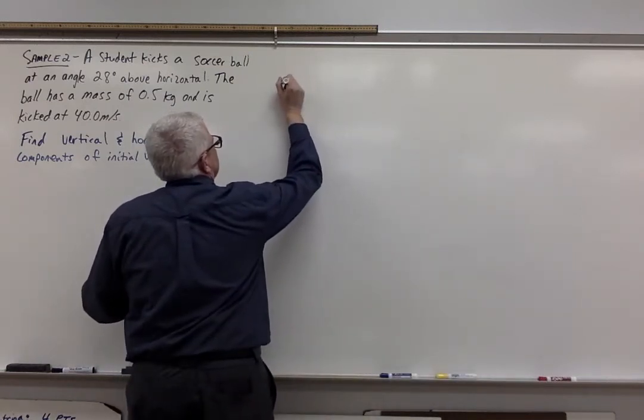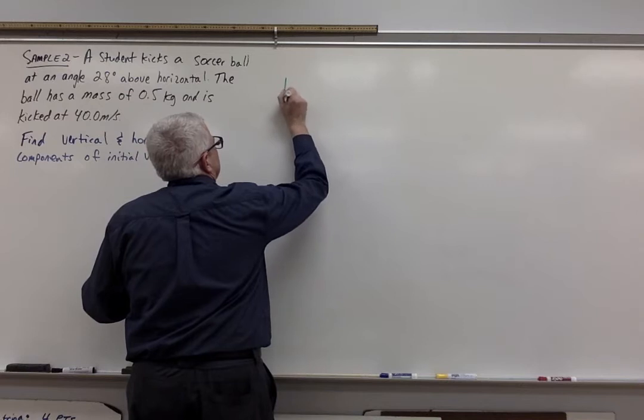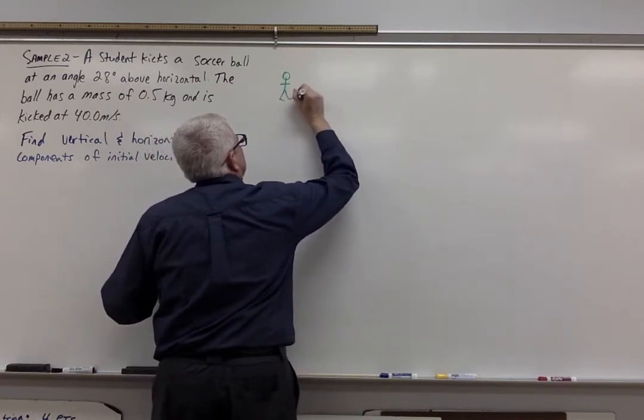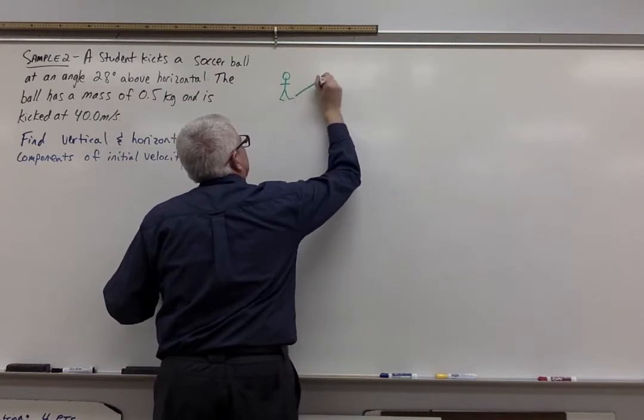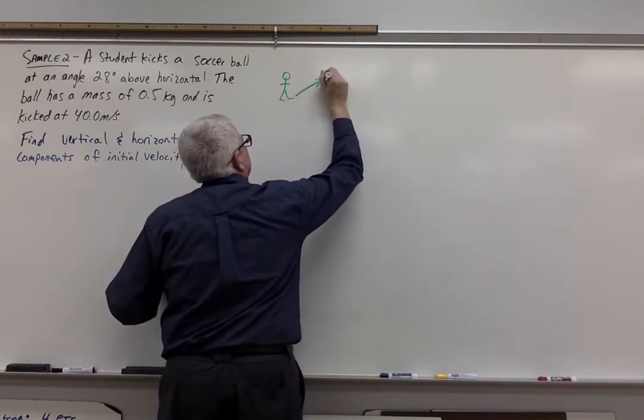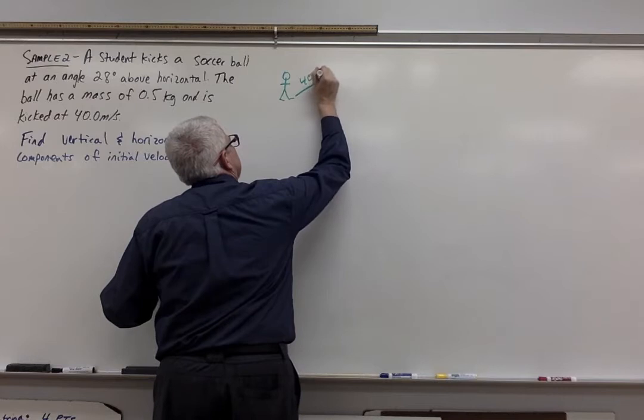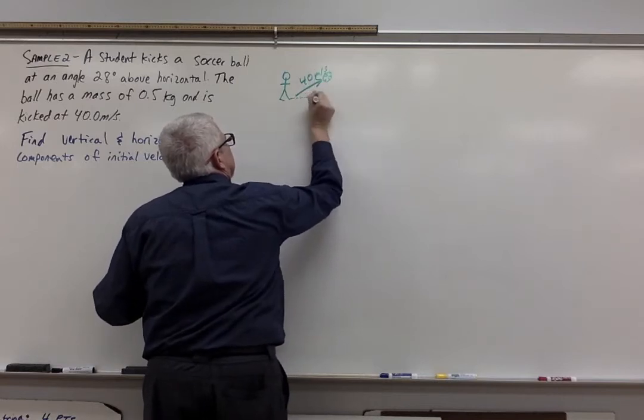So I've got someone here kicking a soccer ball like that. I don't know how a soccer ball looks. There's like checker patterns on it. And that is the 40 meters per second.